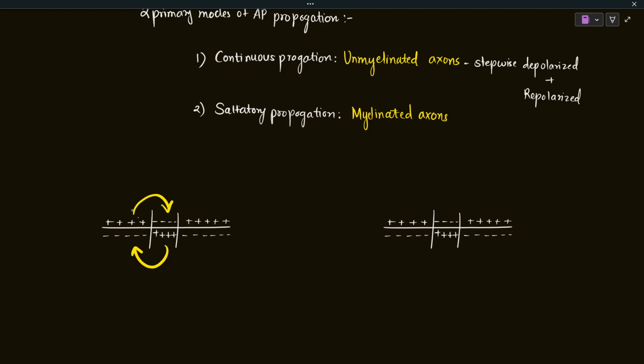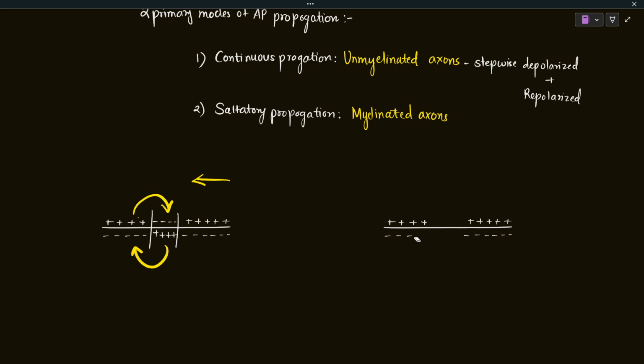Once the charges flow from positive to negative, this will create a small local electrical circuit, which will propagate in this direction.